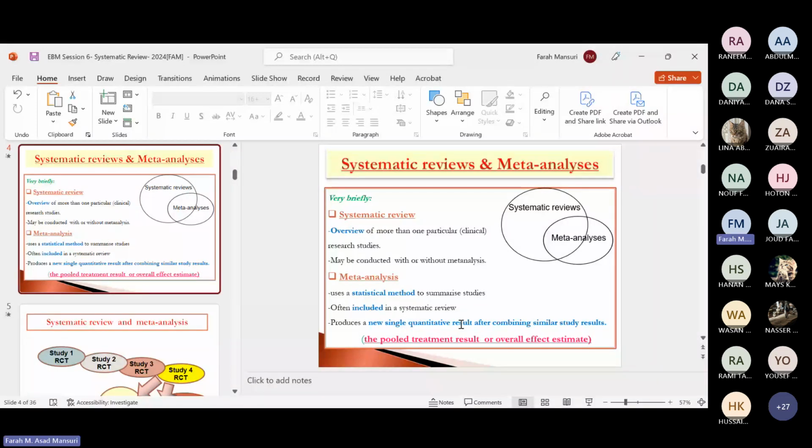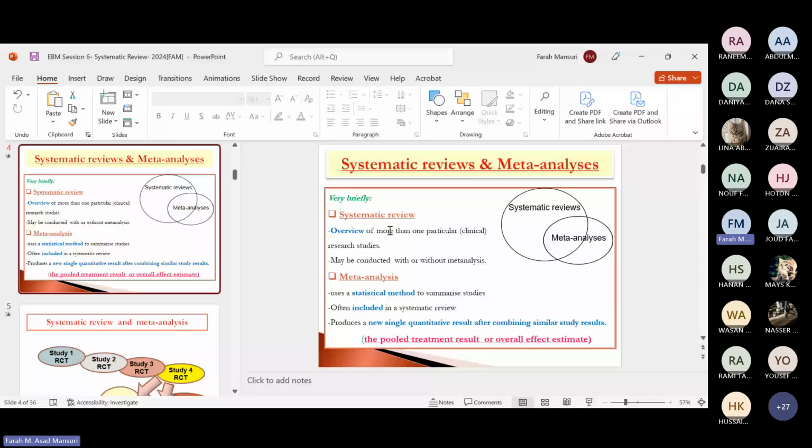Now, what is meta-analysis? Meta-analysis is a statistical method which summarizes all the studies and combines their results. Suppose a systematic review is talking about 10 different studies, for example, and we are not sure what the survival is in breast cancer.